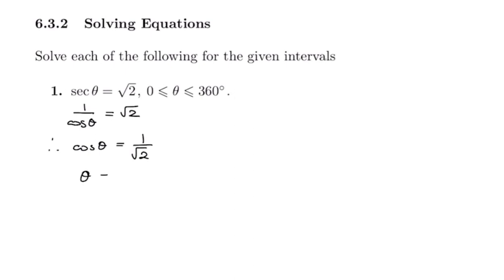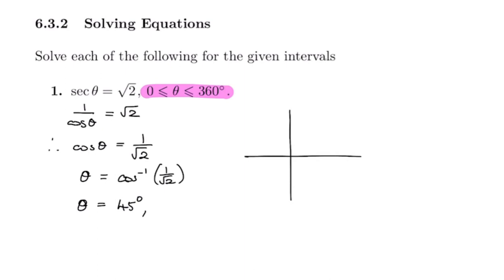Okay. Theta, therefore, is cos to the minus 1 of 1 over root 2. We pop that in our calculator. We are working in degrees, so we need to make sure our calculator is working in degrees. The principal value comes out at 45 degrees, and you can use a CAST diagram if you want to.